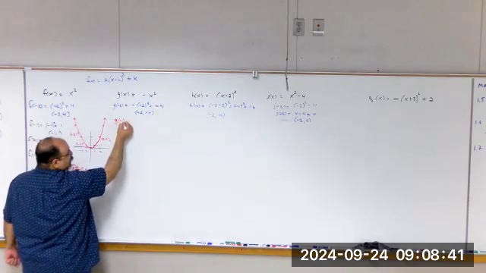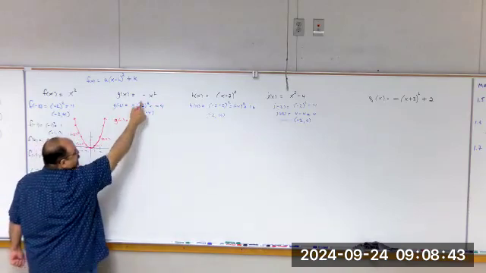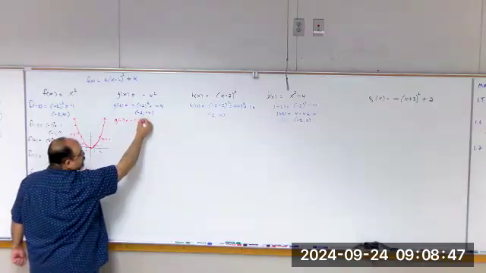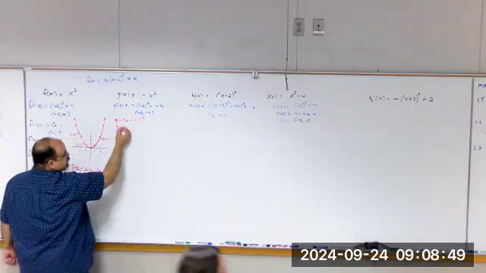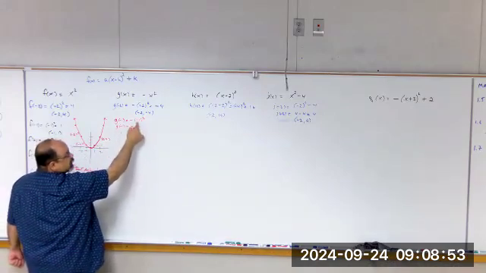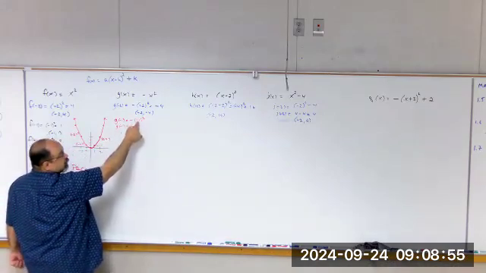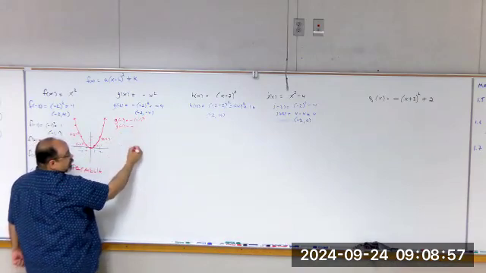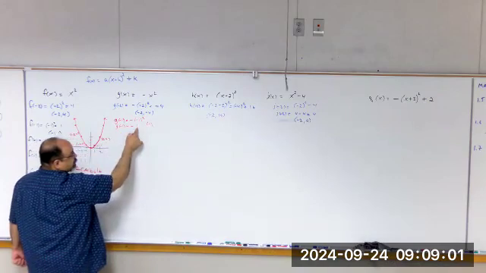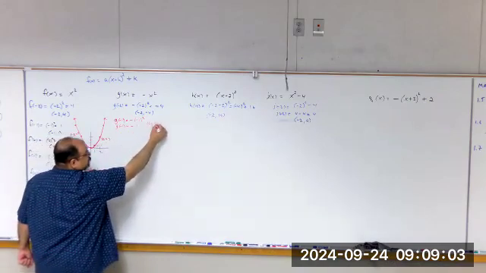G of -1 is going to be a negative, and then in parentheses I square the -1. -1 times -1 is +1. So when -1 goes in, -1 comes out.